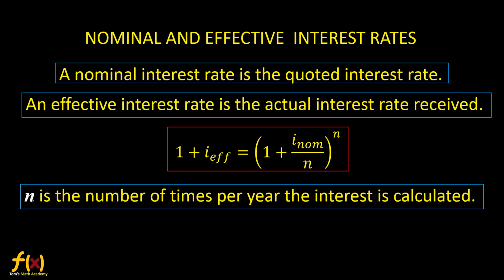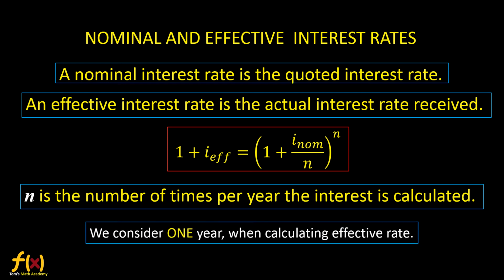If compounded monthly, then n is equal to 12. Compounded half yearly or semi-annually, then n is equal to 2. So that is the main point we have to notice, and we use those values for n.